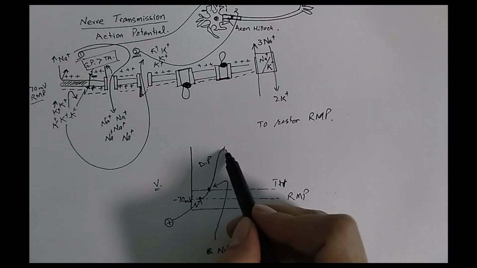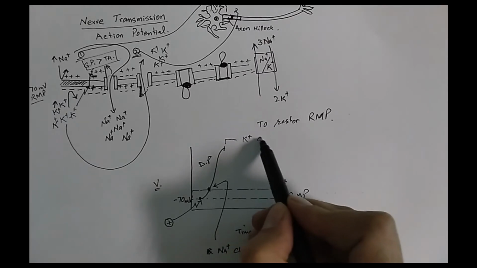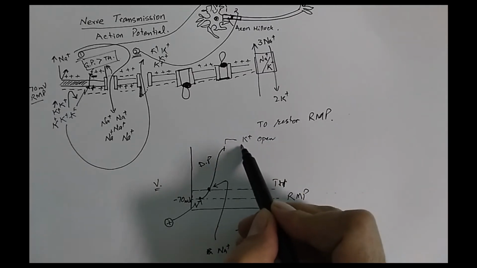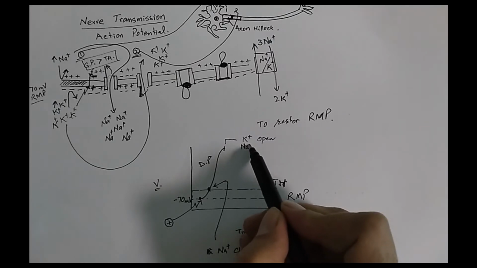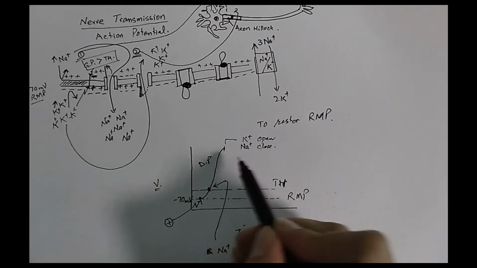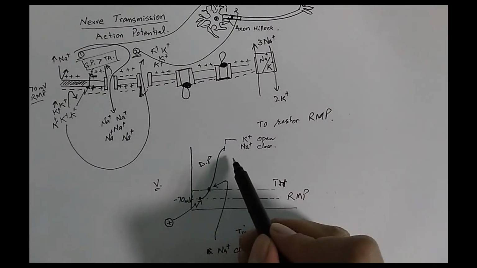So what happens at this point? Potassium channels open and sodium channels close, which stops the movement of the sodium ions inside the cell.